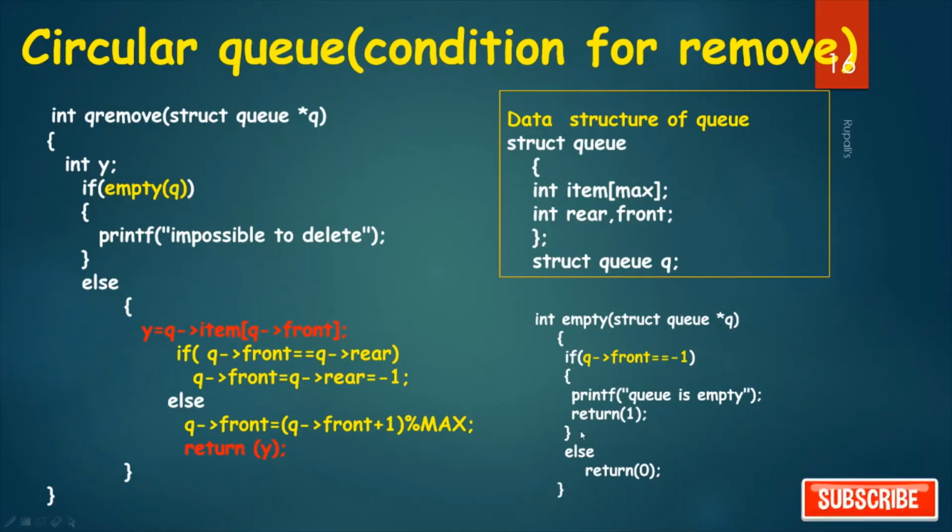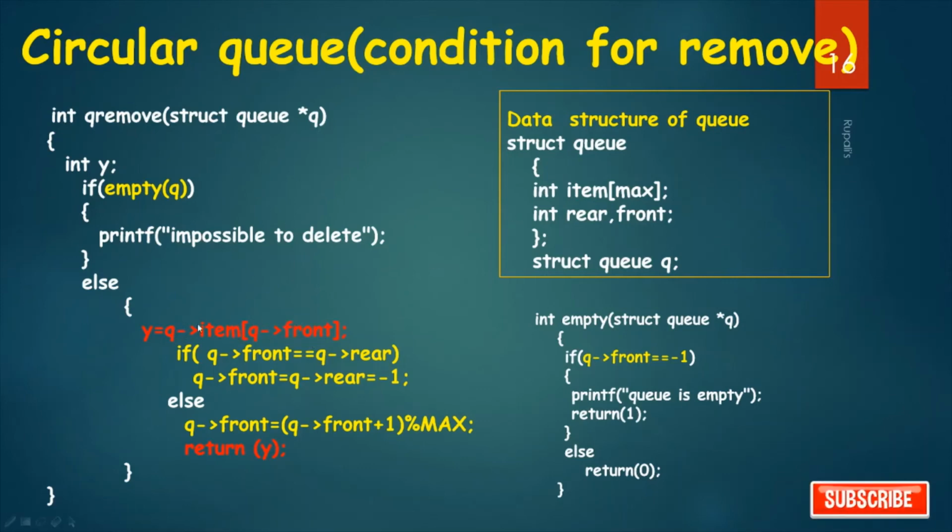If that function returns 1, our queue is empty. Otherwise, it returns 0. If it returns 1, then it is impossible to delete any element from the queue because the queue is empty. Otherwise, you have to collect that element pointed by the queue front because front is the deleting end.